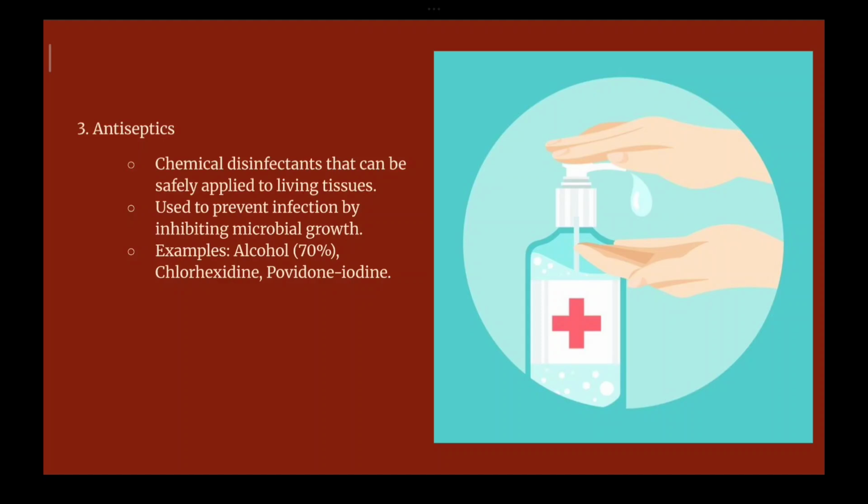It is used to prevent infection by inhibiting microbial growth. So when microorganisms are residing on living tissues, that is on your hands or your legs or any other region, you can use chemical disinfectants such as alcohol, chlorhexidine, or povidone iodine. These are the different chemical disinfectants that were used to remove the microorganisms and also inhibit the growth of microorganisms on living tissues.